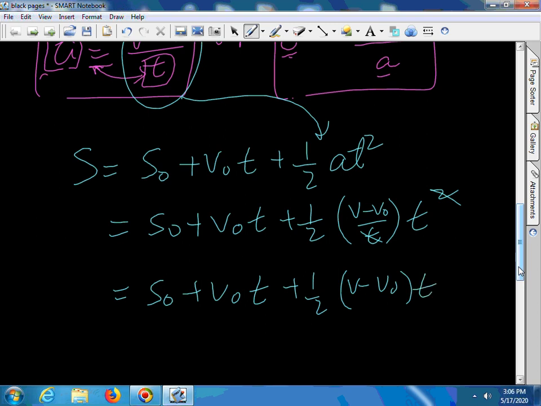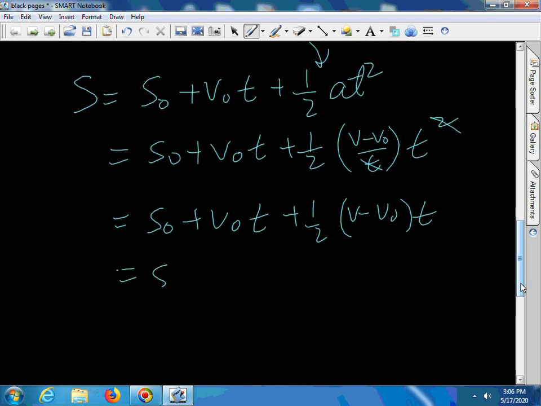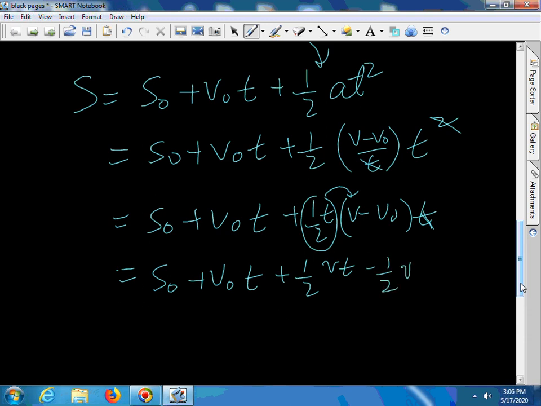So we get v minus v0 times t. Distributing out that t, we get 1/2 tv minus 1/2 v0t.